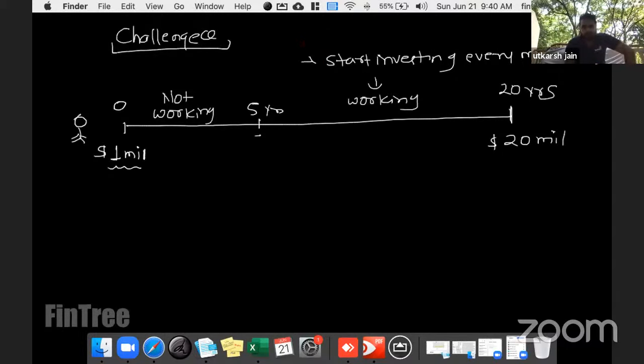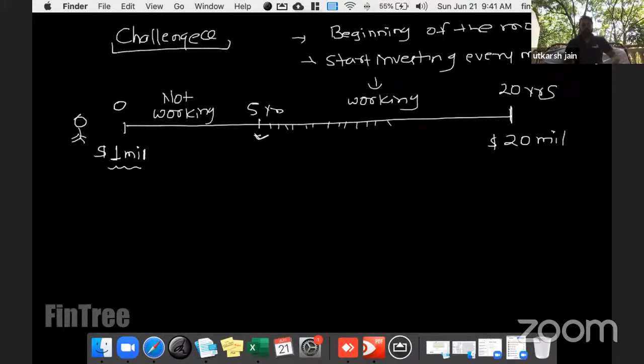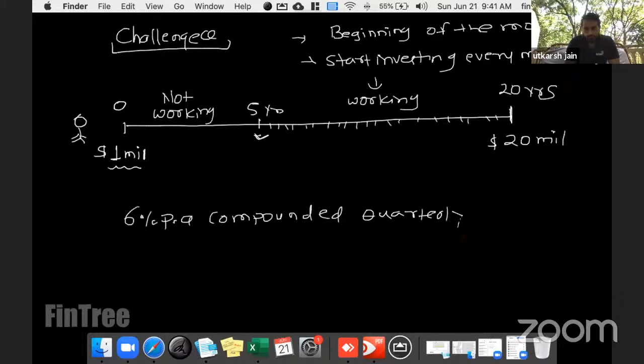His first payment would be at the beginning of the month, which means the first payment comes here, and then every month he keeps on making payment. The interest rate is 6% per annum, compounded quarterly.